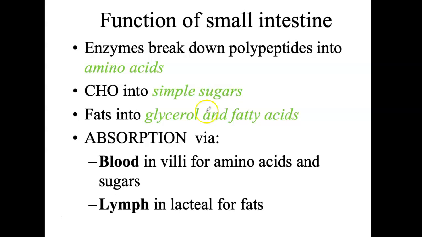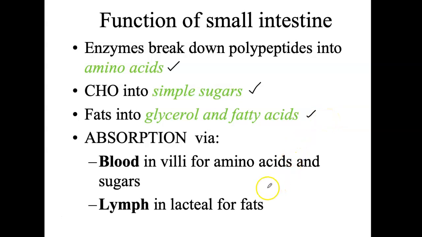And why is that? Because we can't absorb something as big as a carbohydrate. We can't absorb a big protein unless it's in its monomer, its smallest form, which is an amino acid, or simple sugar, or glycerol and fatty acids. And that's what we can absorb.